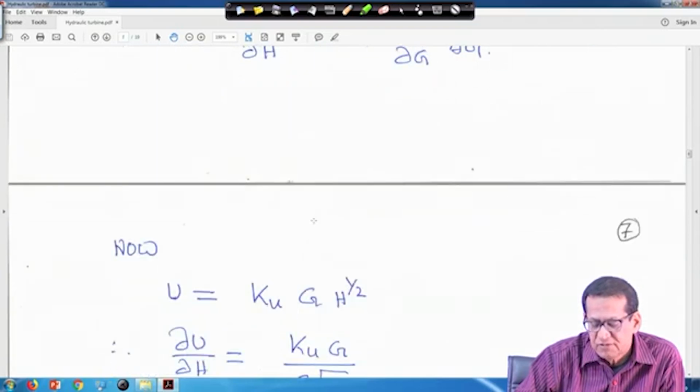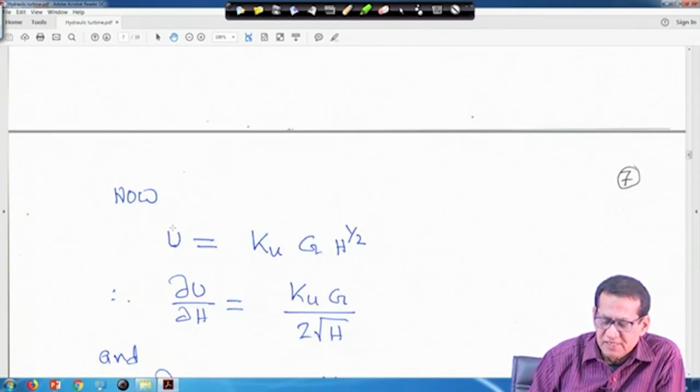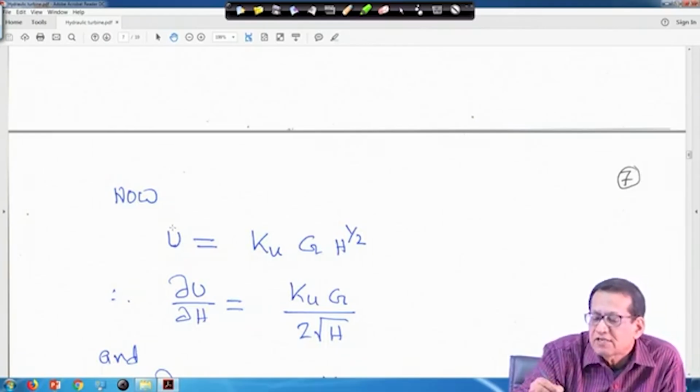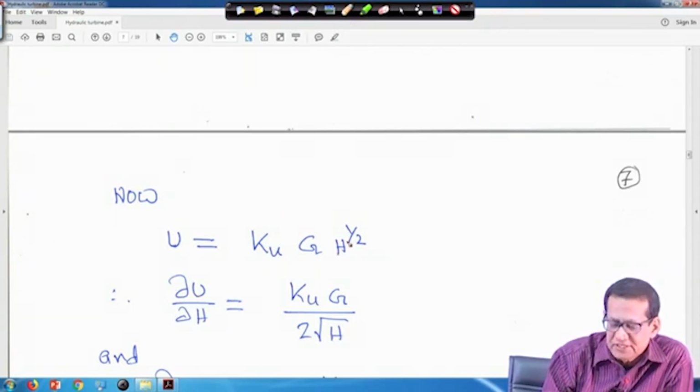So, for small displacement, this equation can be written like this. Now, we know that u is equal to ku g root h, so h to the power half, right. Therefore, del u del h is equal to ku g upon 2 root over h.